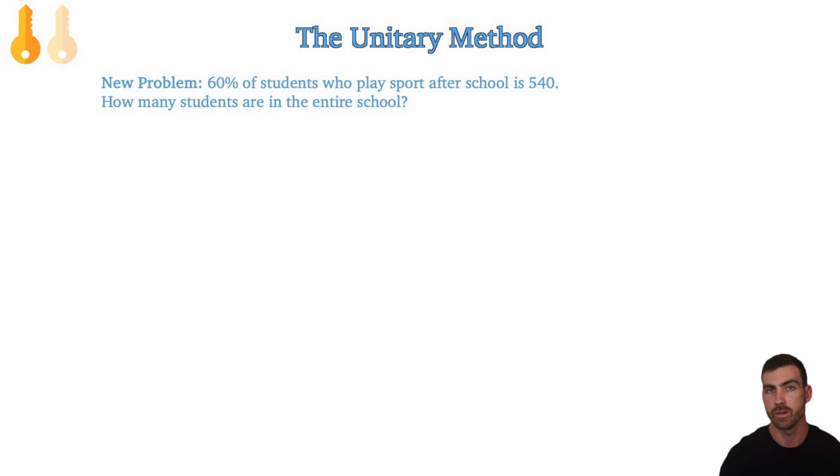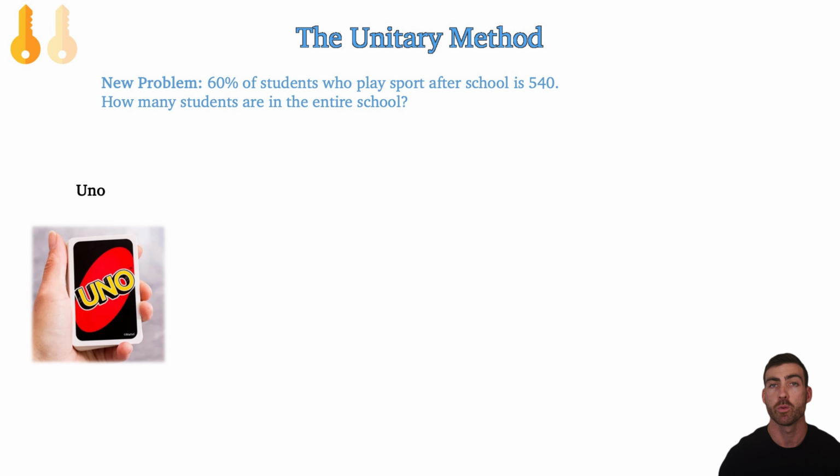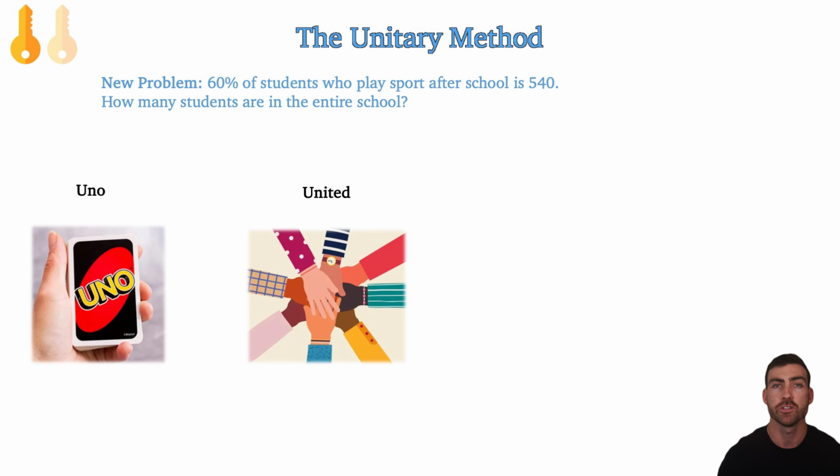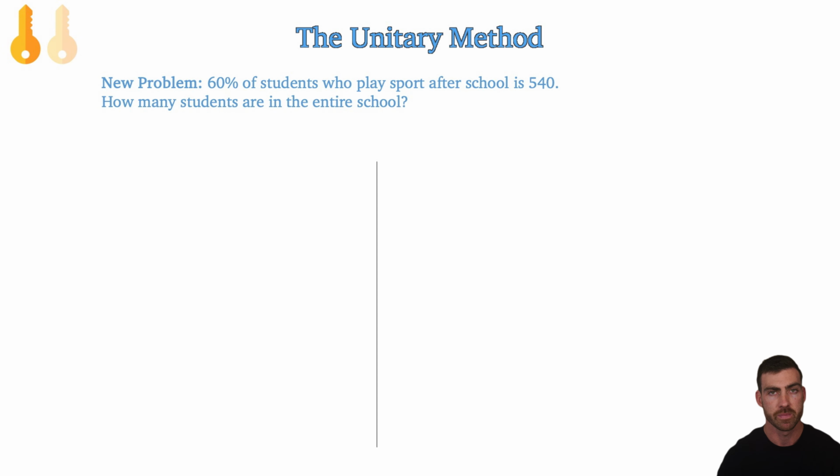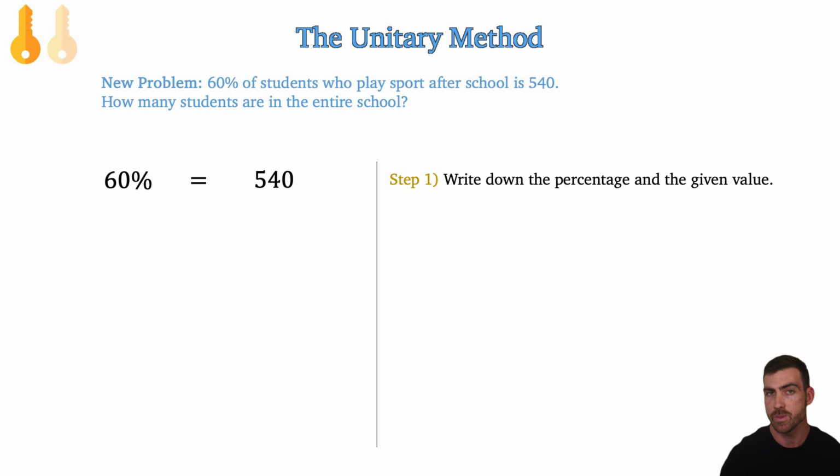The word unit means one, like when you play Uno and you're left with one card, or when things are united, they come together as one. The idea is simple. First we find the value of 1%, then we can find any percent we want. So in this problem, step 1, write down the percentage given and its value. 60% equals 540 students.